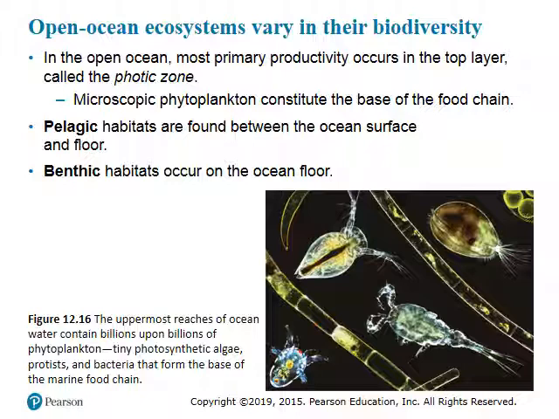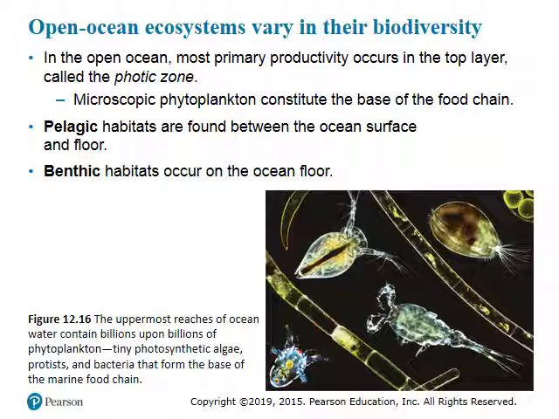Now, if you remember, we talked a little bit about the stratification of lake systems in Monday's lecture. In the ocean, really only think about the photic zone, where you get light, and the pelagic zone. These are habitats found between the ocean surface and the floor, and then benthic, occurring on the ocean floor. So benthos, bottom; pelagic, in between; photic, the top layer where you get light.